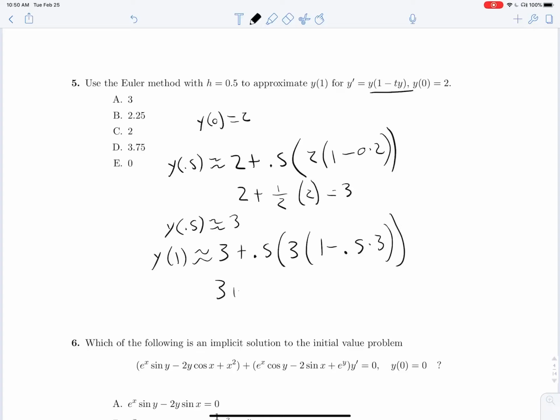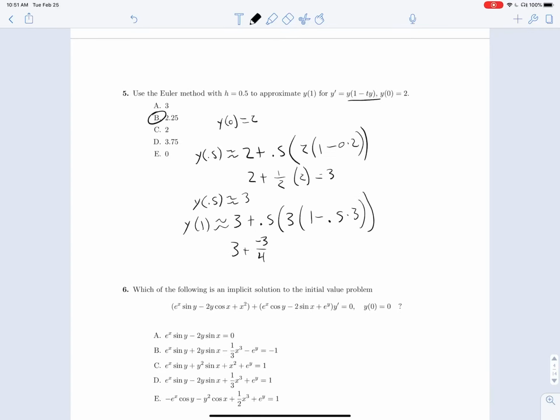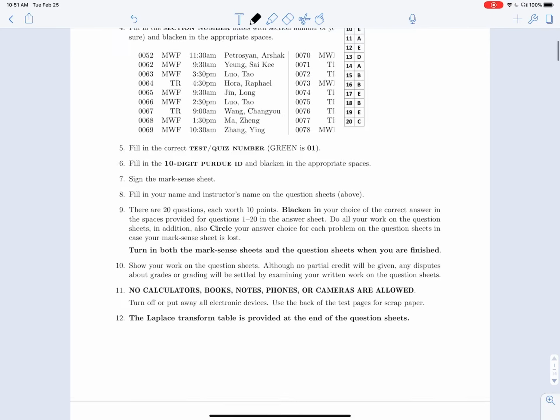And this will be 3 plus 1/2 times 3, so 3 over 2 times 1 minus 1.5, so negative 0.5, negative 1 over 2. This will give us negative 3 over 4, and 3 plus negative 3 over 4 is 2.25, and our answer for 5 is B.